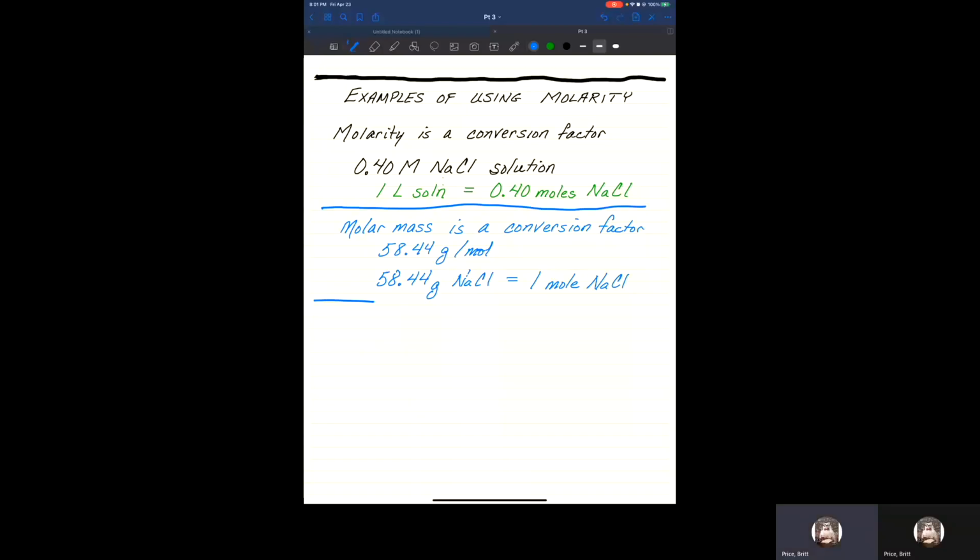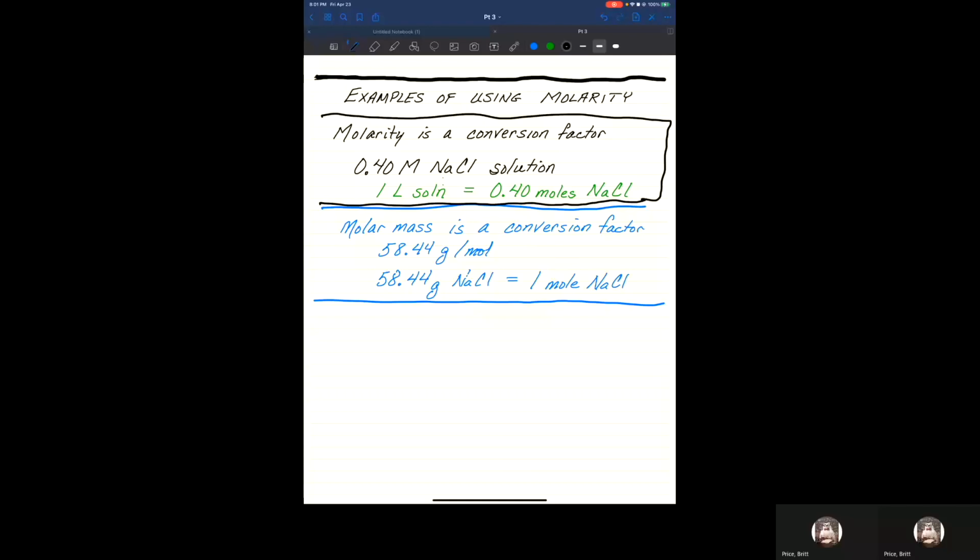And you come across these many times. And if you can, try to keep that molar mass is a conversion, molarity is a conversion.